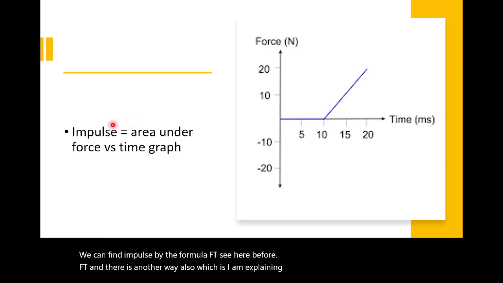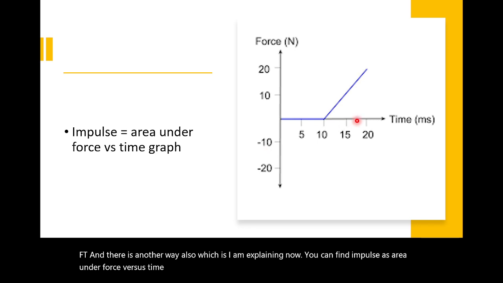You can find impulse as area under the force versus time graph. So if you have a force versus time graph, you can find the area under the curve, and that is equal to impulse.